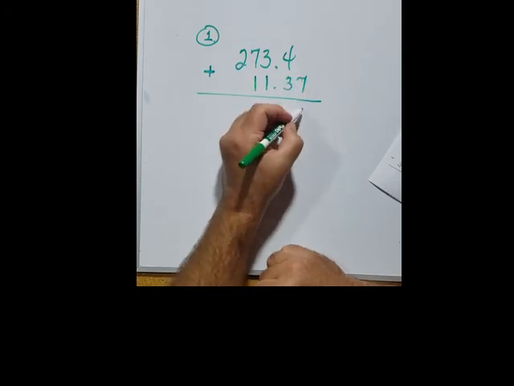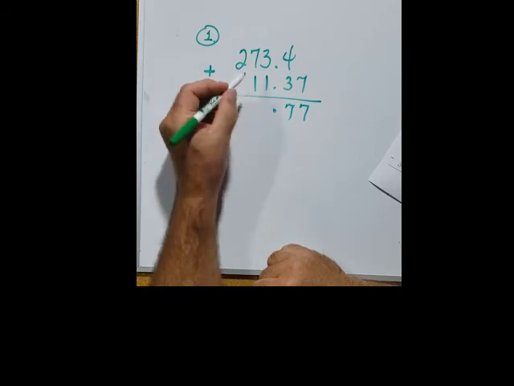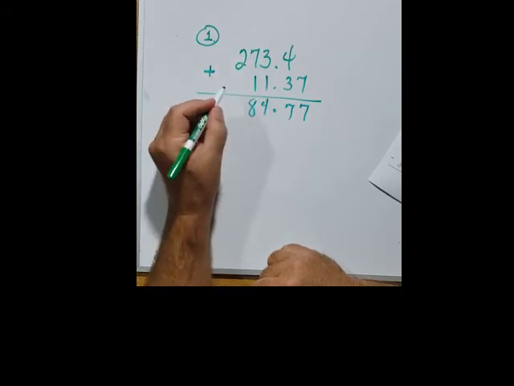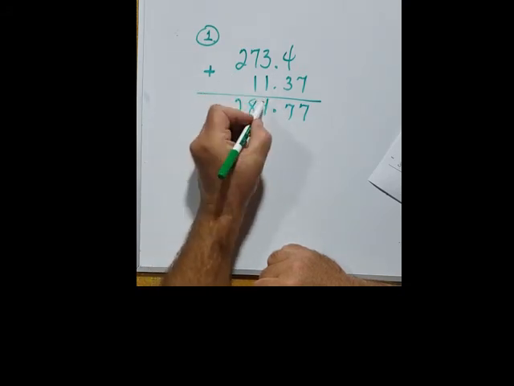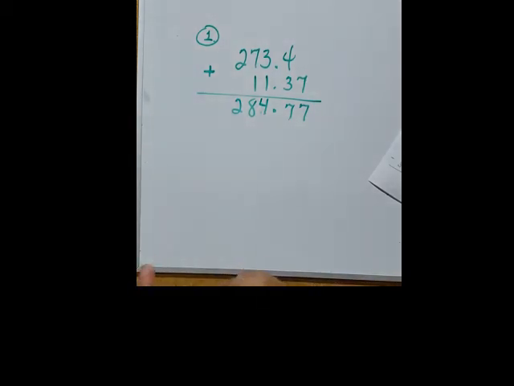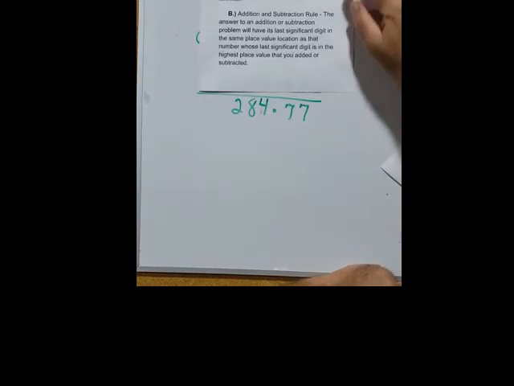Nothing and 7 is 7. 4 and 3 is 7. Bring down the decimal point. 3 and 1 is 4. 7 and 1 is 8. And then we bring down the 2. So our answer is 284.77. However, we have to follow the rules for significant digits for addition and subtraction.